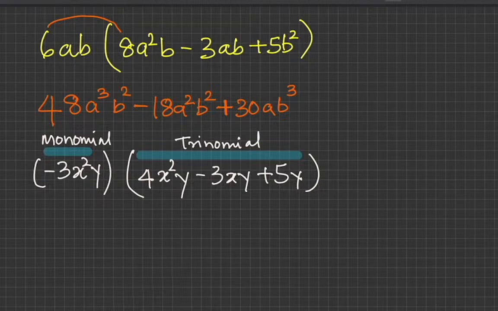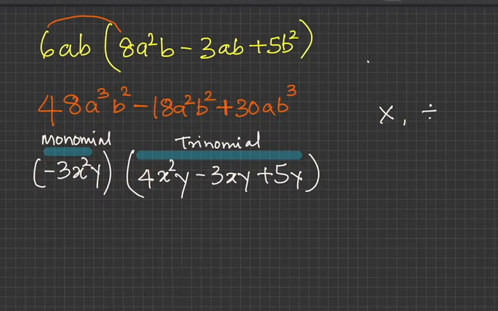Just on this topic of terms, remember only the term separated by either a minus or a plus sign is considered as a term, but not the multiplication or the division sign. Any term that is separated by a multiplication symbol is not considered as two terms. They're considered as a single term because we're going to multiply that.